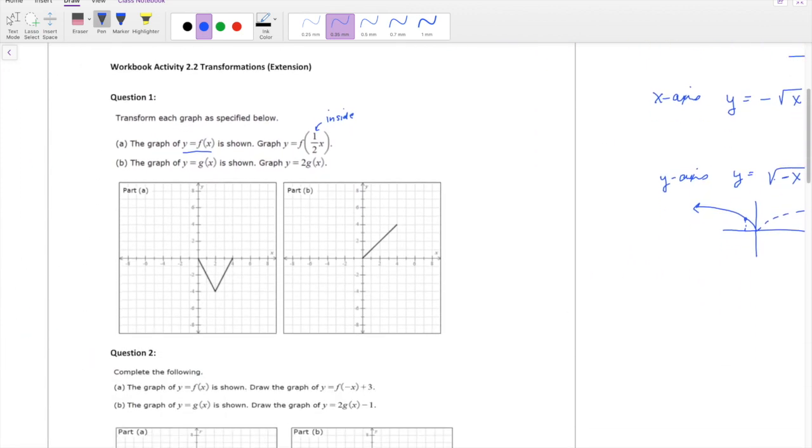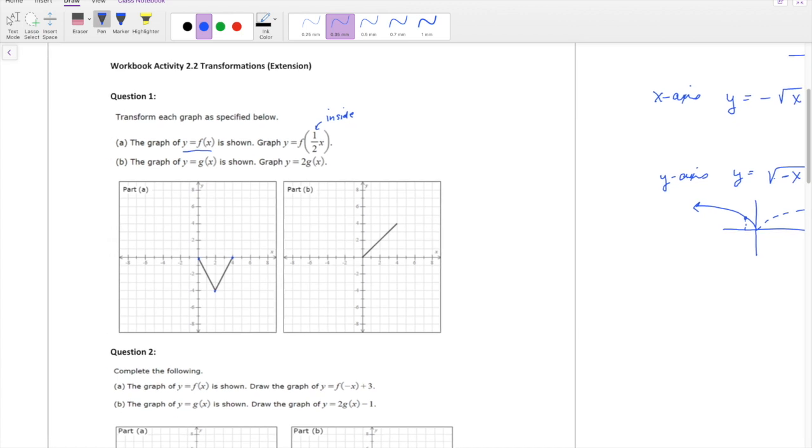In this case, the easiest thing to do is to just start with a couple of points and shift them. With this one, I'm going to start with the point (0, 0), and then (2, -4), and then (4, 0).